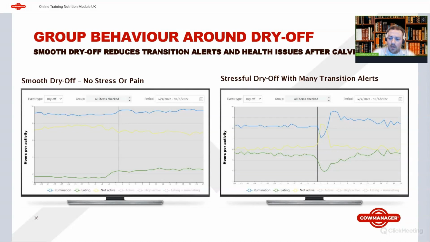So you need to look at those between groups, also between parity groups, and then you can compare within those groups, but not between those groups, if that sounds logical. So here it takes 3 weeks to reach the same level as before dry off, where normally in the dry period you would see a little bit higher eating time.